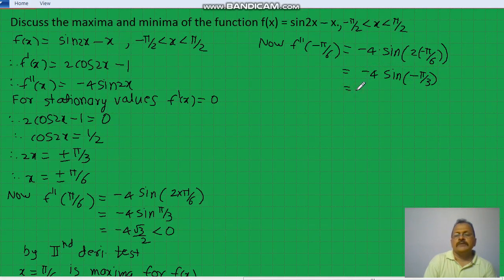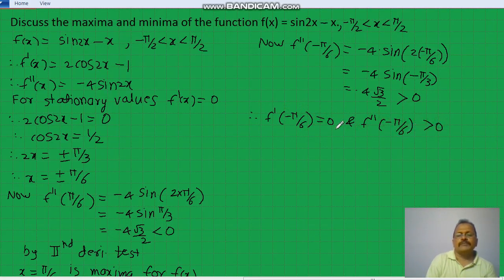It is 4 root 3 upon 2 positive, and therefore f dash minus pi by 6 is 0, and f double dash minus pi by 6 is positive.